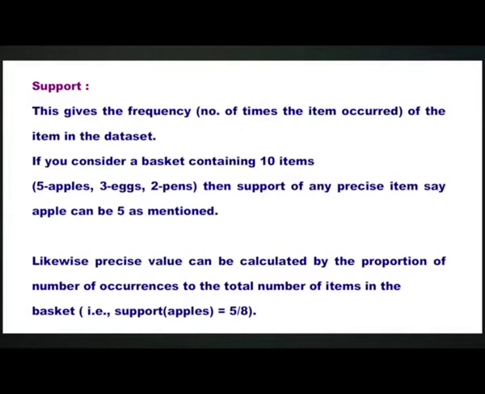Likewise, the precise value can be calculated by the proportion of the number of occurrences to the total number of items in the basket. That is, the support for an item apple represents 5 by 8. That is, out of 8 items, 5 items support apple.